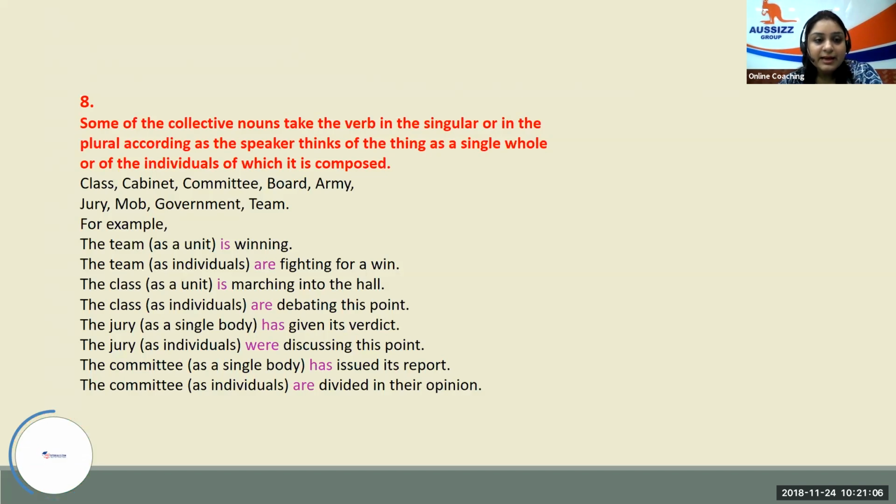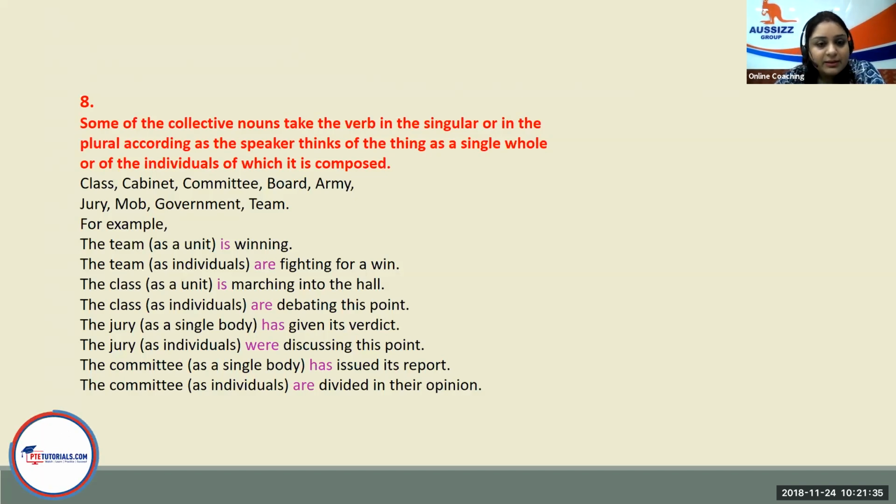Here the team is not synchronizing in the same way. Everybody has their own way of attracting the win. So here, the team are fighting, because now they are acting as individuals, not as a unit. Therefore, the team are fighting for a win. The team is winning because the group is winning.